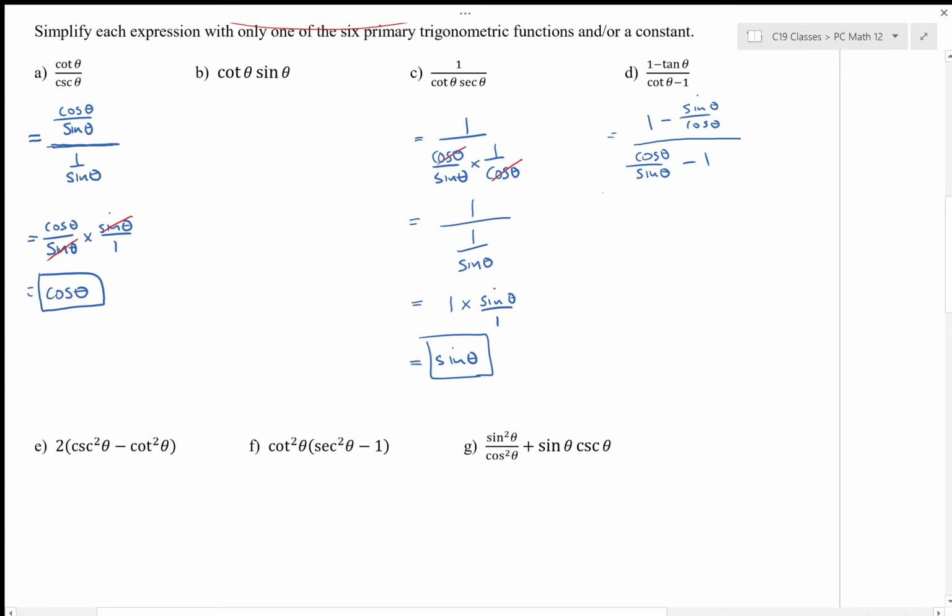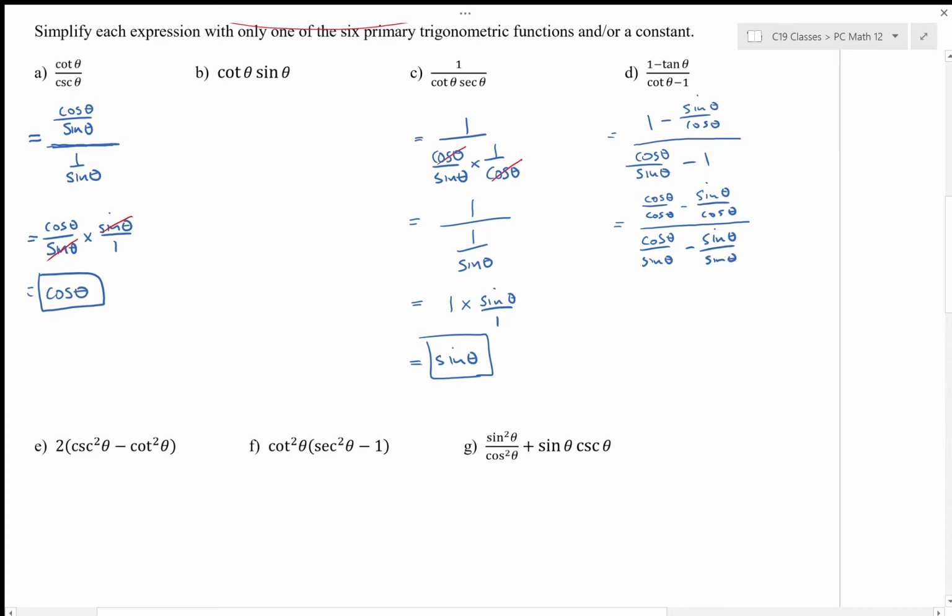Then I'm going to change the ones so that I can actually add fractions together. It's very important that we add fractions together before we divide. So this is the same as saying cosine theta over cosine theta, that's 1, minus sine theta over cosine theta. And then I have cosine theta over sine theta. My denominator is sine theta, so I have to make the 1 sine theta over sine theta.